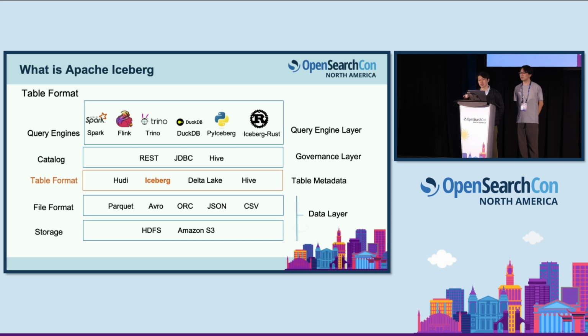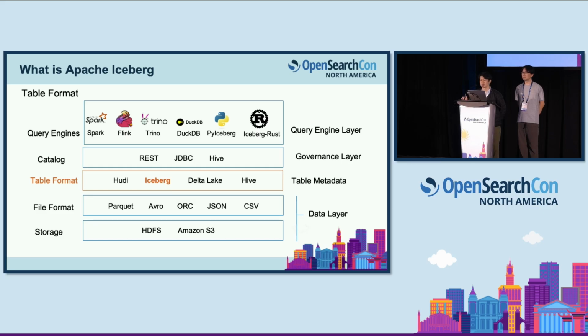The file format is Parquet, Avro, ORC, JSON, CSV, something like that. That is the format of the actual data file. And the table format is the format for how to organize data files and metadata files on HDFS or Amazon S3 object storage. That is a kind of rule for where data files should be put and how engines should write them.